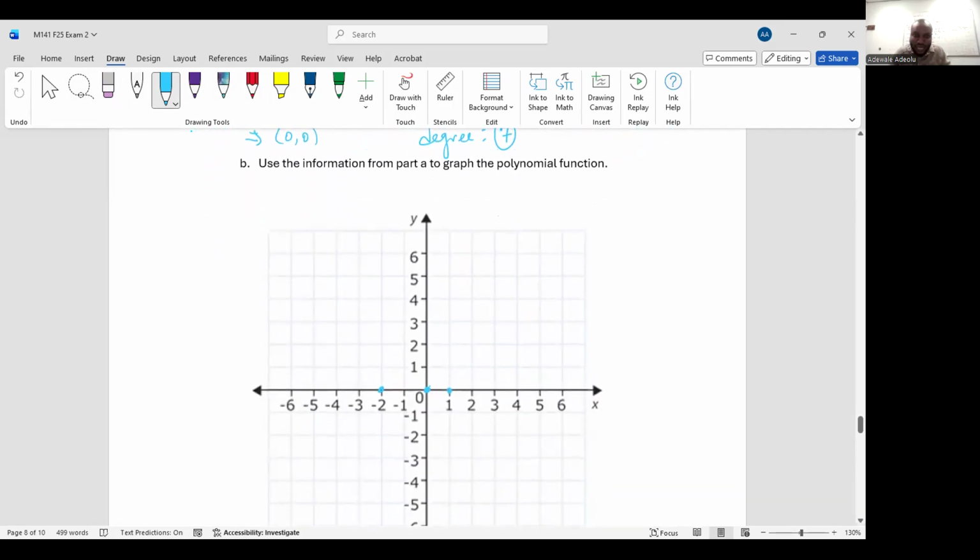So I do know that my graph will pass through this point, go somewhere up, and it must behave this way. And also at this point, it must behave this way. Right? Let me do that very well.